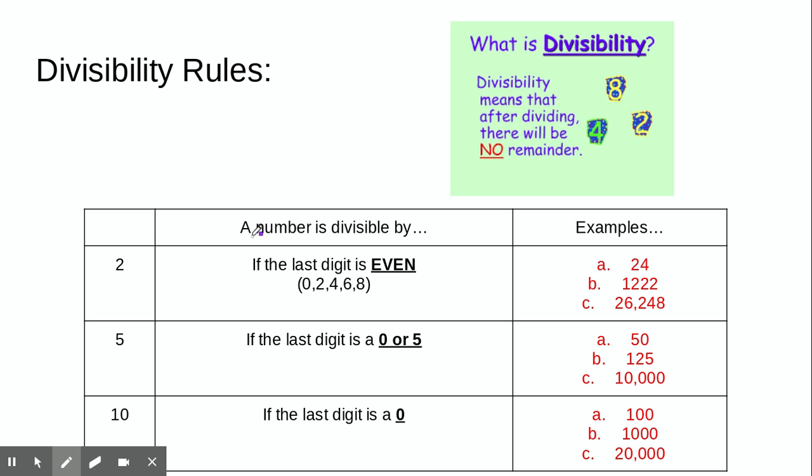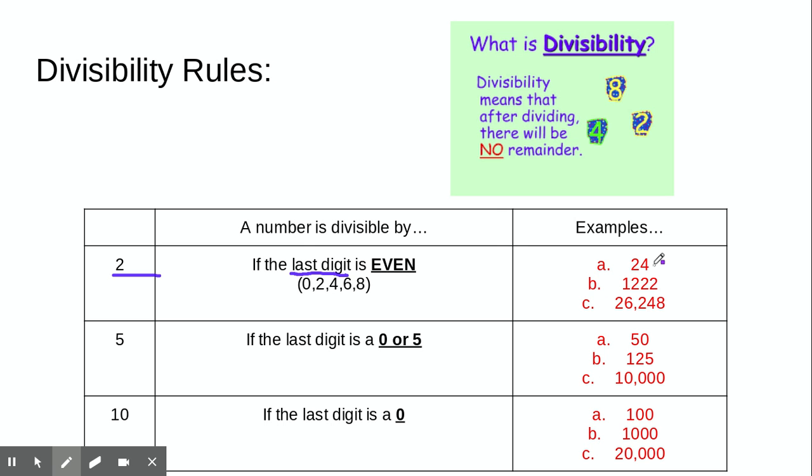So we know a number is divisible by 2 if the last digit, really important because we're only looking at the last digit, is even. Some examples of even numbers are 0, 2, 4, 6, and 8.